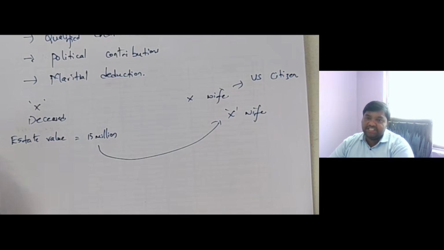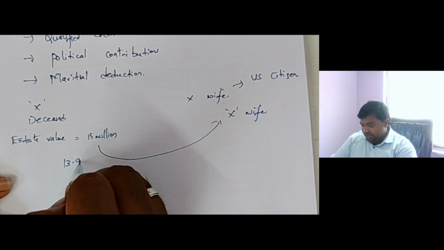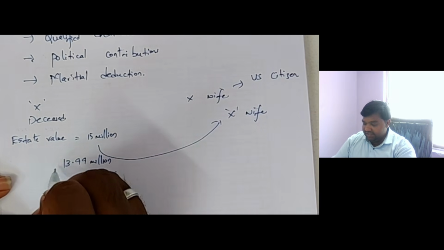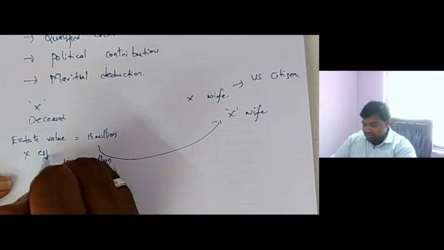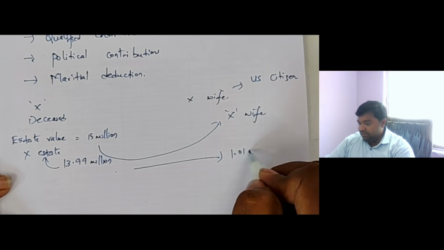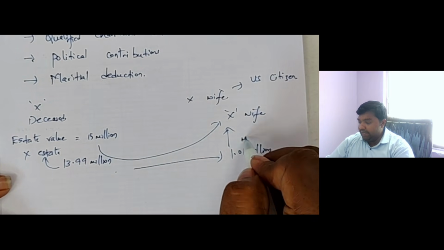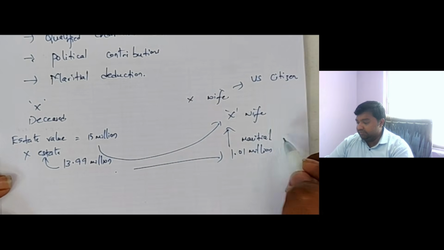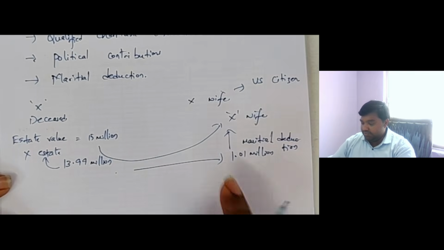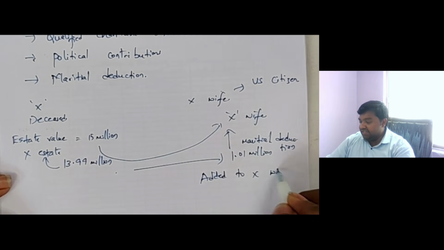What estate attorneys do is, up to 13.99 million, as it is exempt, they keep it with the estate, and whatever excess, the 1.01 million, they transfer to the ex-wife as a marital deduction. That 1.01 million will be added to the ex-wife's assets.